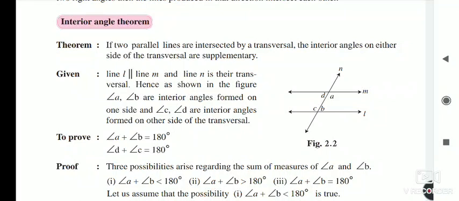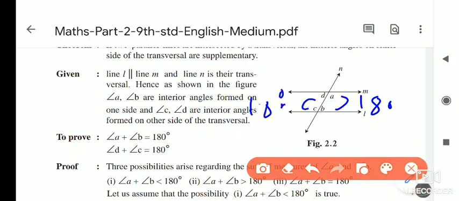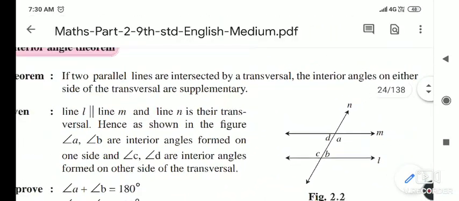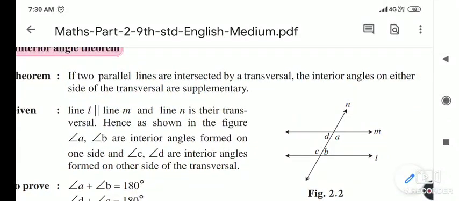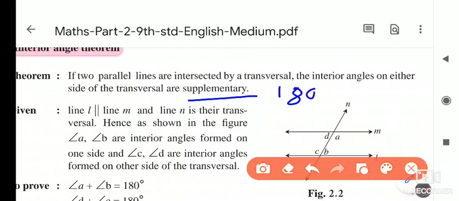Just now we saw that A plus B is equal to 180 degrees and D plus C is also equal to 180 degrees. So if two parallel lines are intercepted by a transversal, the interior angles on either side of the transversal are supplementary. The word supplementary means the measure of the two angles is 180 degrees.